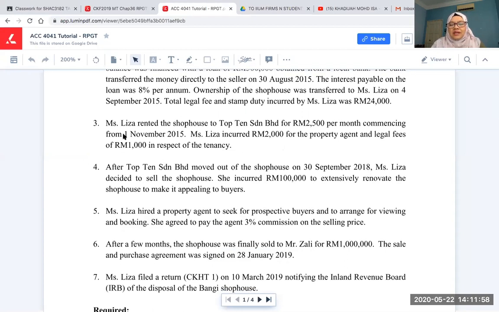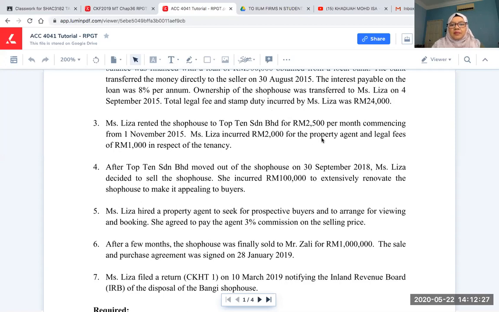Careful with note number 3 here, because it says the shop house was rented out. So from the rental, you have rental income. The one that we are dealing with is the RPGT. The rental income is under the Income Tax Act, and the disposal of the shop house will be under RPGT. So the rental income has nothing to do with your RPGT. This one goes into income tax.